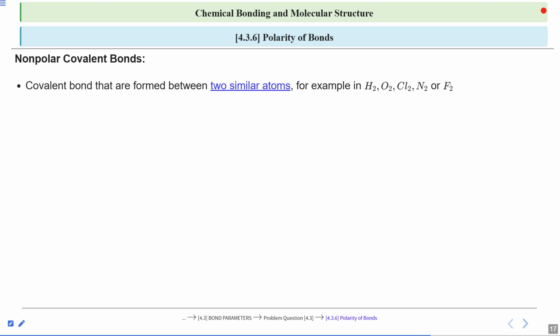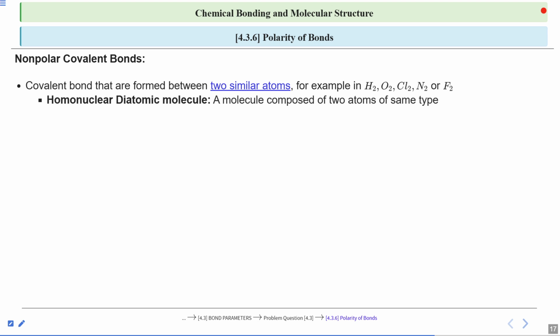To understand what is non-polar, first you should know that this whole polarity thing develops due to the difference in electronegativity. Yes, CO2 is a good one, but we will discuss that later. Now we are taking simple molecules like H2. H2 is homonuclear diatomic, meaning both of the atoms in the molecule are the same, like H2, where both atoms are hydrogen, O2, both atoms are oxygen, and Cl2, both atoms are chlorine.